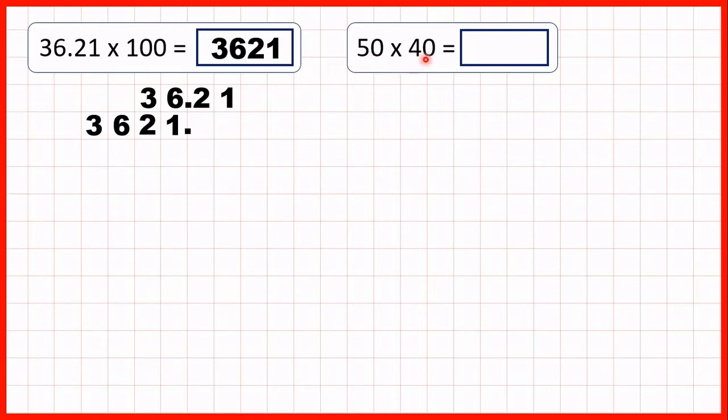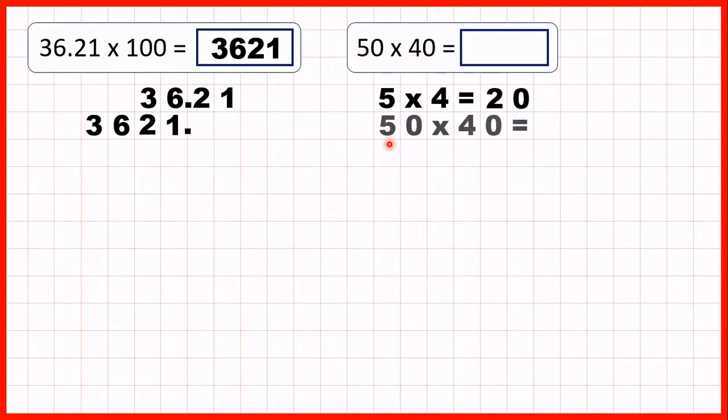Now, 50 times 40. Well, we don't need to use column method for this because we're multiplying two multiples of 10, two numbers that end in a 0. So we know that 5 times 4 is 20, and that means that 50 times 40 is 2,000. That's because if we have two end zeros in the question, we need two end zeros in the answer.